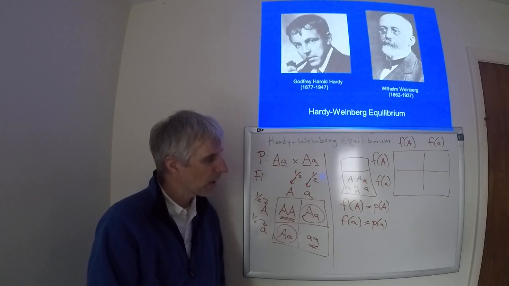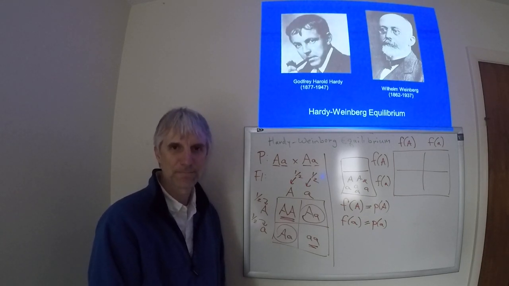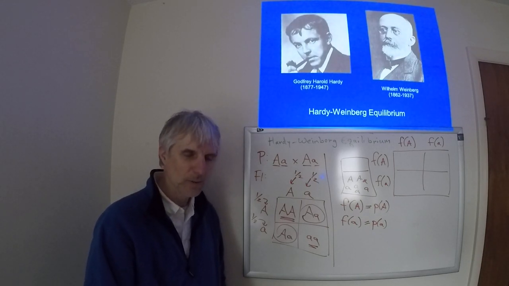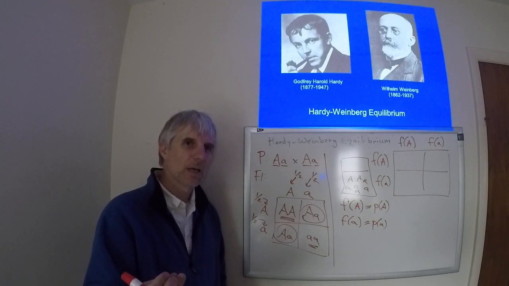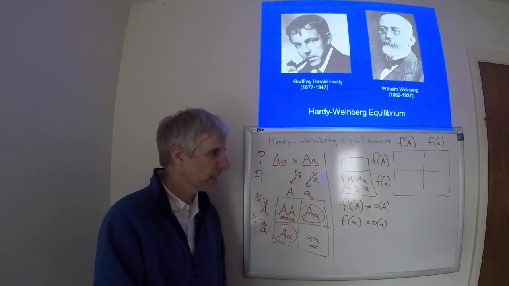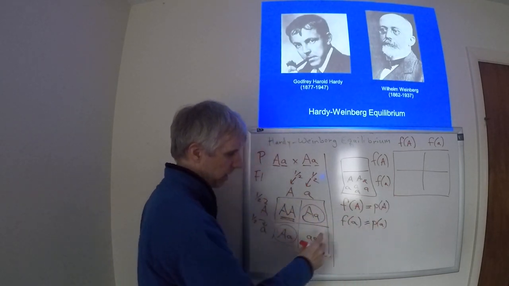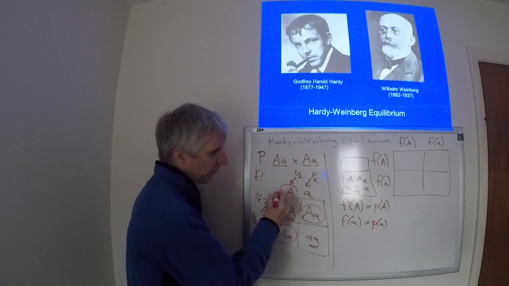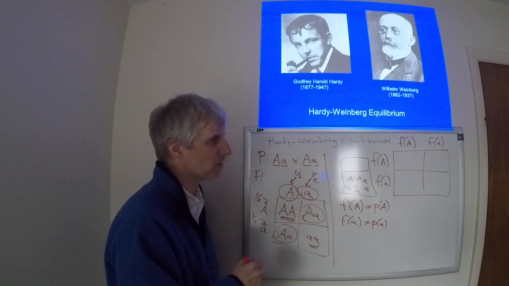Now, if we were in class, usually somebody at this point says 25%. And then I go, well, no. Because the difficulty here is transitioning from this Punnett square to this one. In this Punnett square, the frequencies of these two alleles in individuals are 50%.